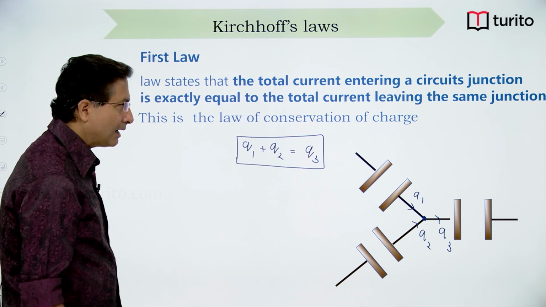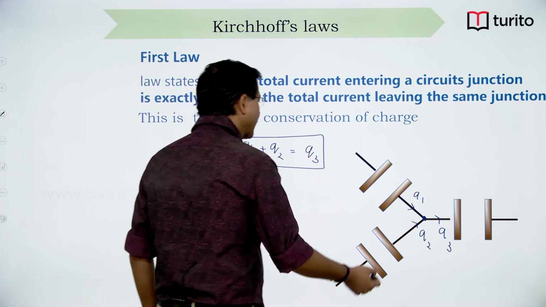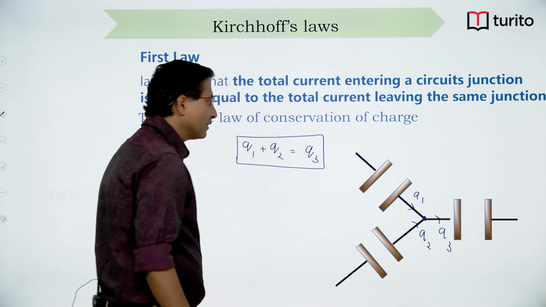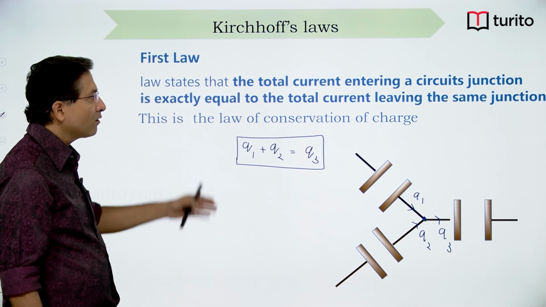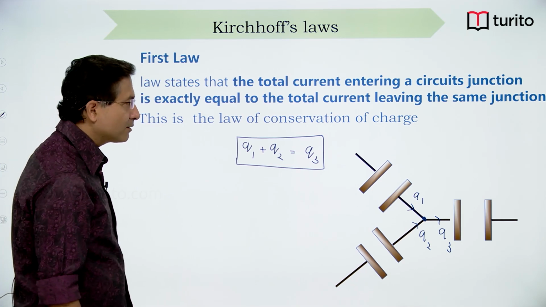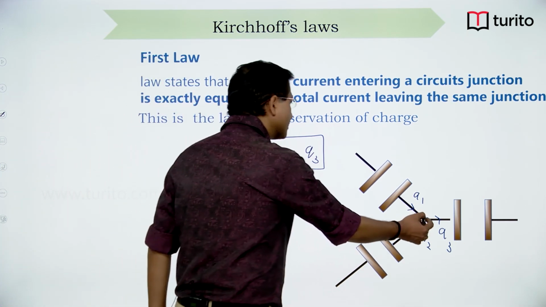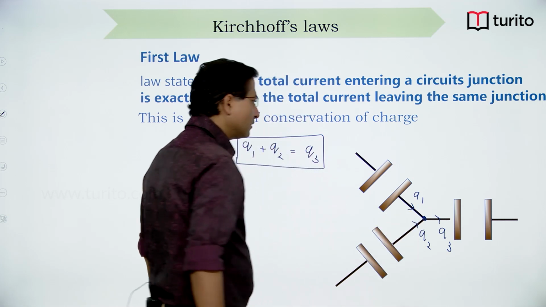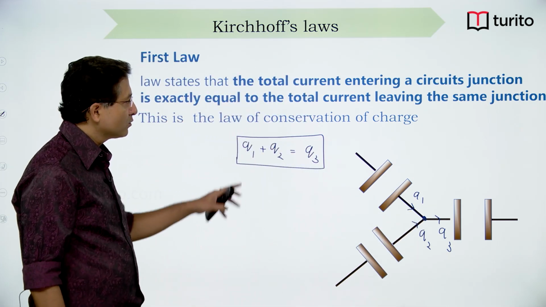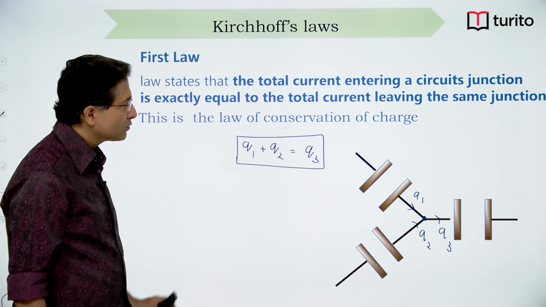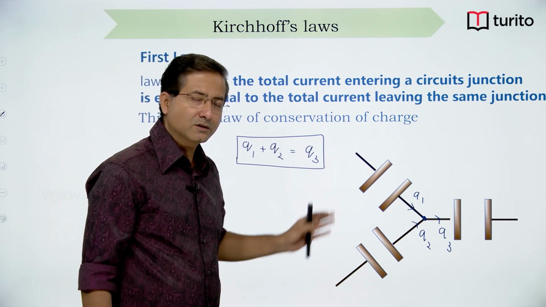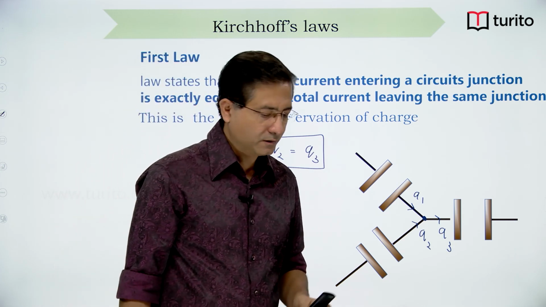As we are talking about capacitors, there will be flow of charge, so I can state this in terms of charge, and this is the law of conservation of charge, because charge remains conserved as there is no accumulation: what comes in goes out, right. This way we will most frequently be writing it. So, conservation of charge, that was the first law, Kirchhoff's first law, right.